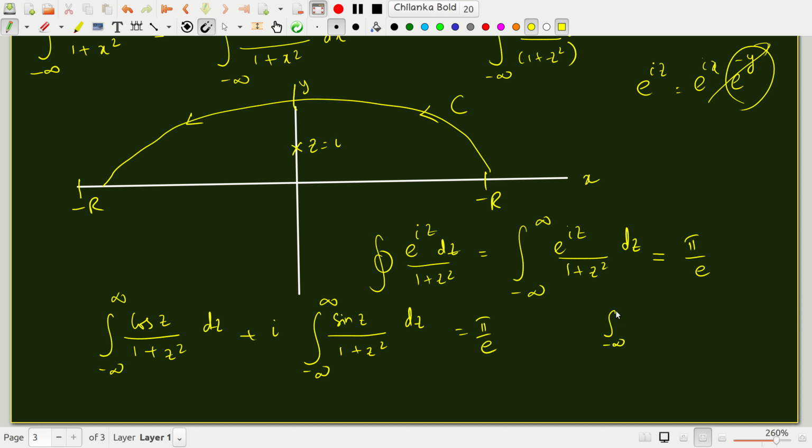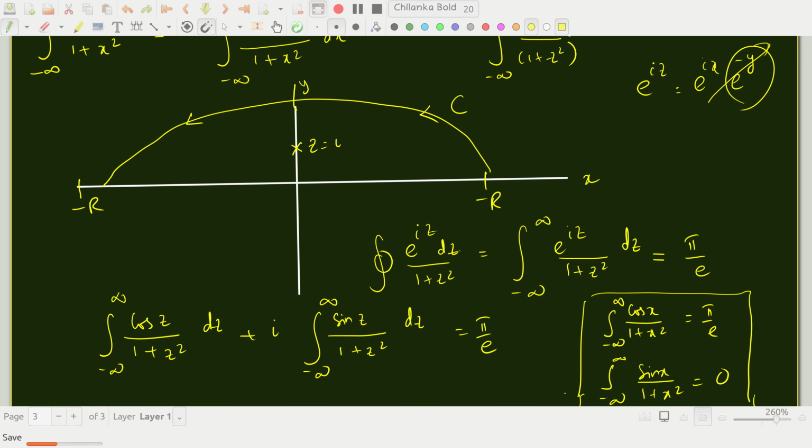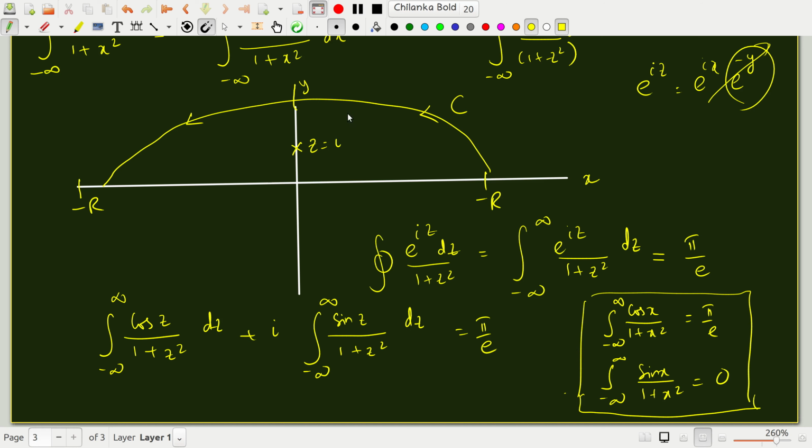That means that the integral from minus infinity to infinity of cos x by 1 plus x squared is equal to pi by e, and the integral from minus infinity to infinity of sin x by 1 plus x squared is equal to 0. Okay, this is how one uses the residue theorem even to evaluate real valued integrals, although there is no obvious connection between a real valued function and the residue theorem. This is very, very powerfully exploited in many applications.